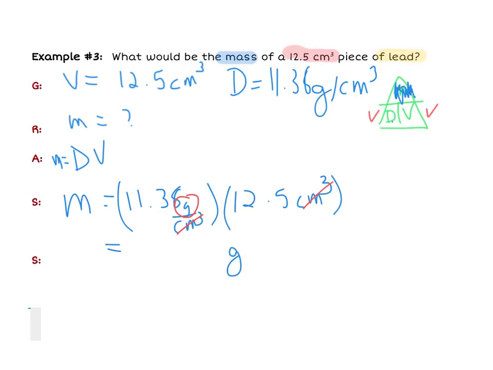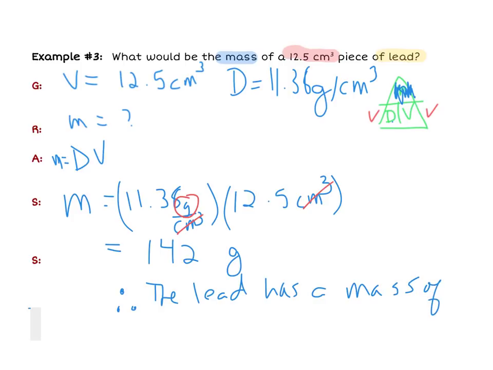I'm going to round that to the nearest whole. The nearest whole gives me 142 grams. So now I can go ahead and write my therefore statement. Therefore, the lead has a mass of 142 grams.